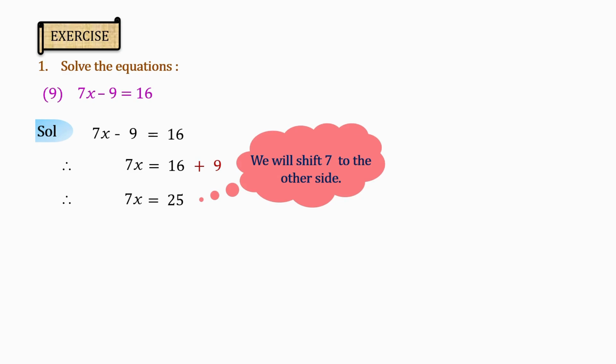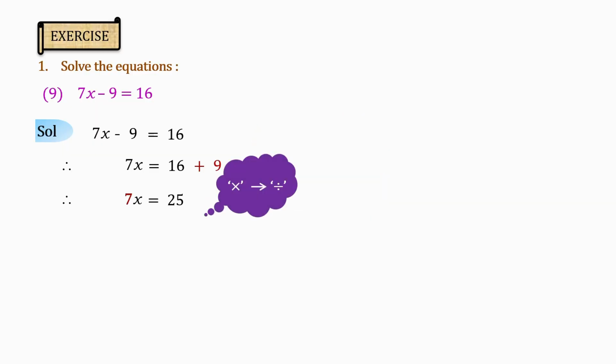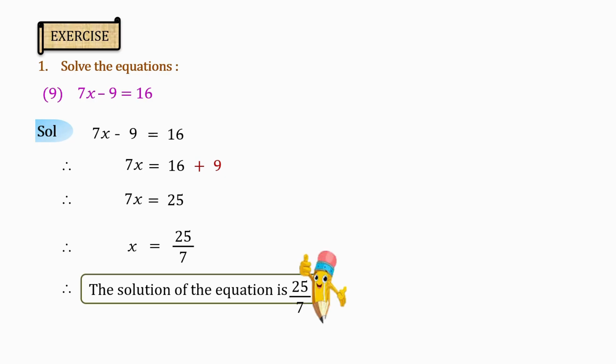Now we will shift 7 to the other side, and we will change the sign as well. Now 7 was multiplied over here, now it is going to be divided. So the solution of the equation is 25 by 7.